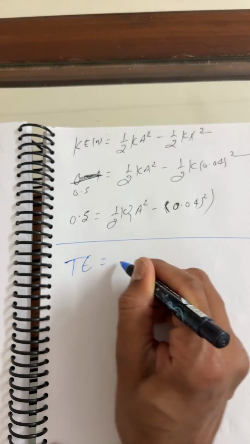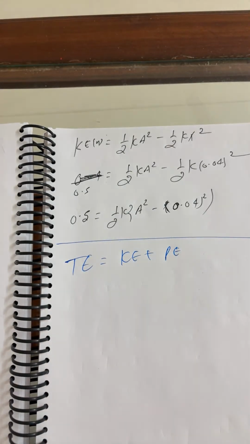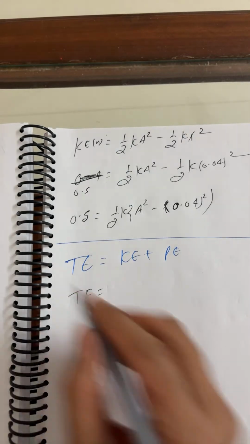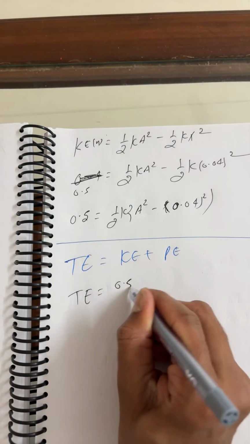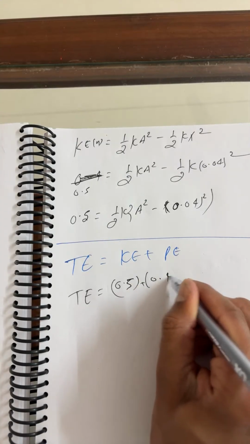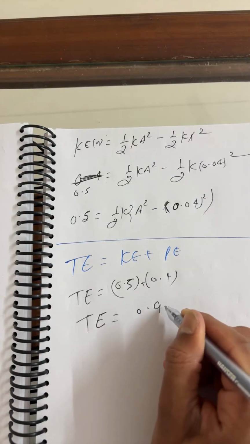Total energy is kinetic energy plus potential energy. This is more easy for us. Kinetic energy is 0.5 and potential energy is 0.4, so total energy equals 0.9 joule.